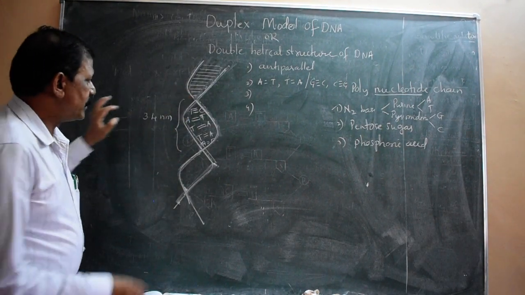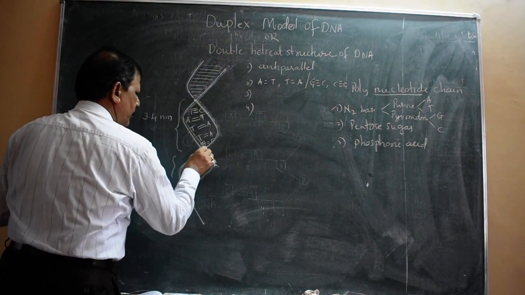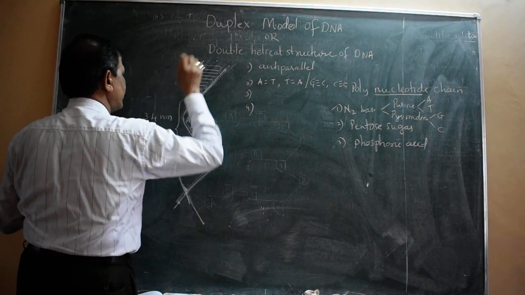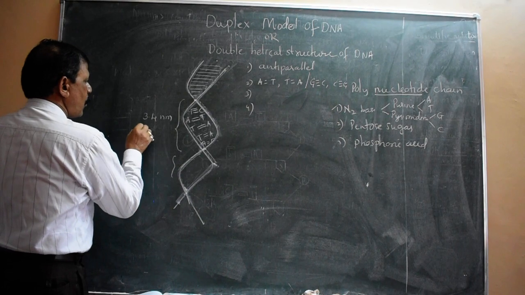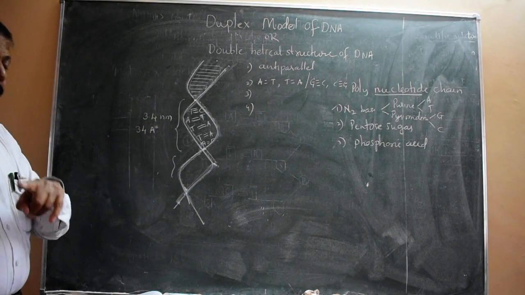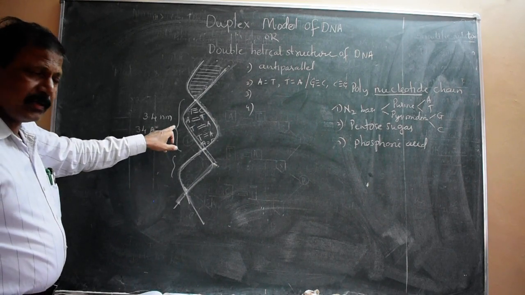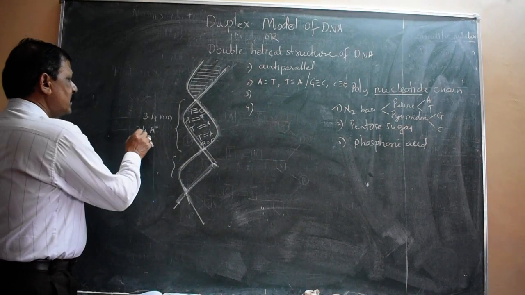The distance of each turn, from here to here, then again from here to here, is 3.4 nanometer, or it is also called 34 angstrom. Remember, 3.4 nm means 34 angstrom.